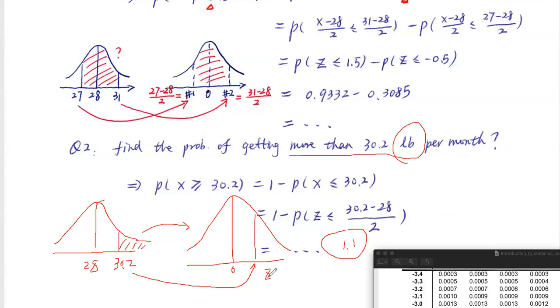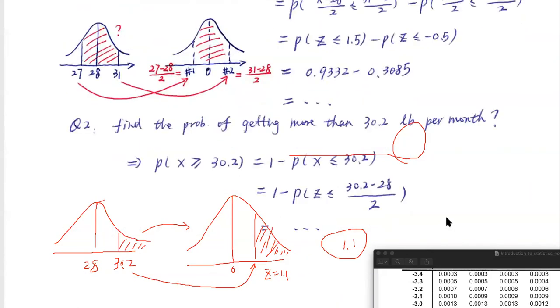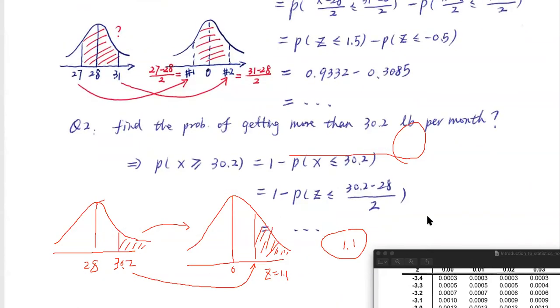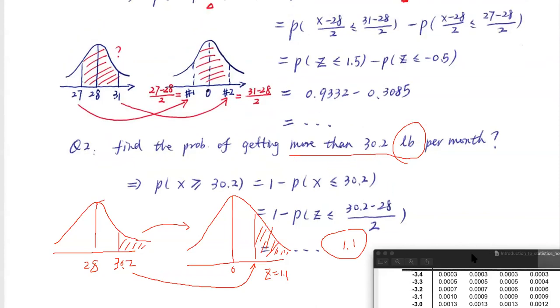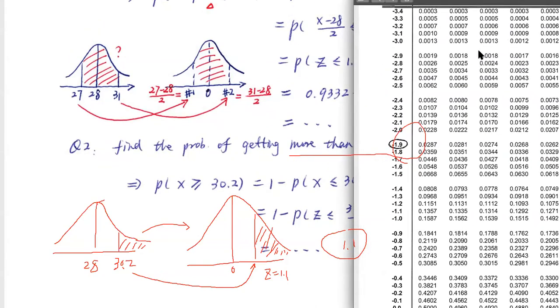If Z is equal to 1.1, how can we find the probability to the right of 1.1? We can use this table here directly. Let's see, where is 1.1?